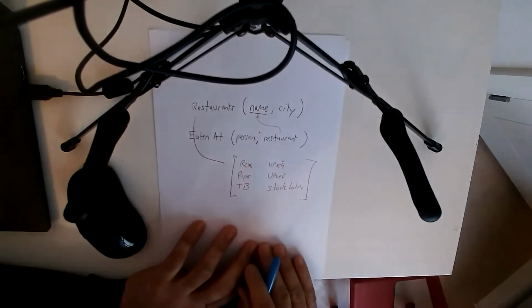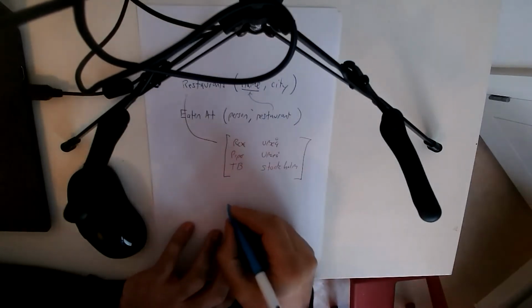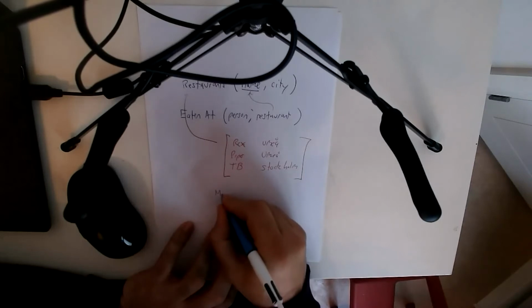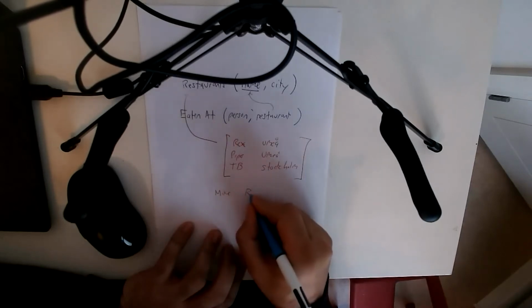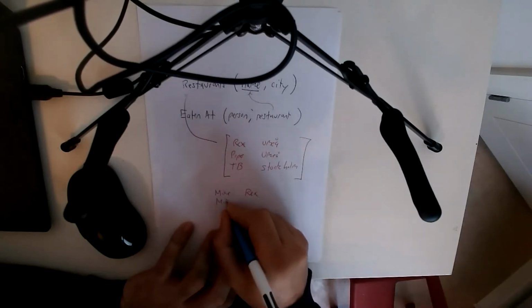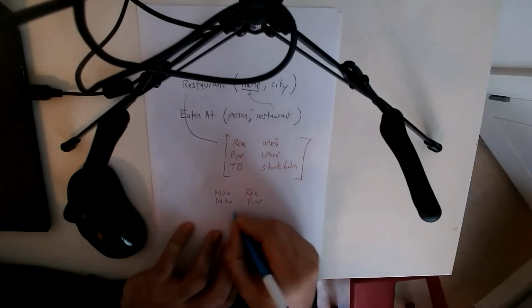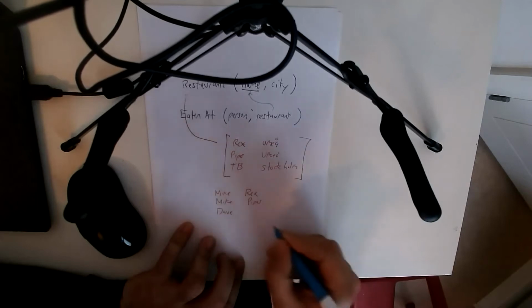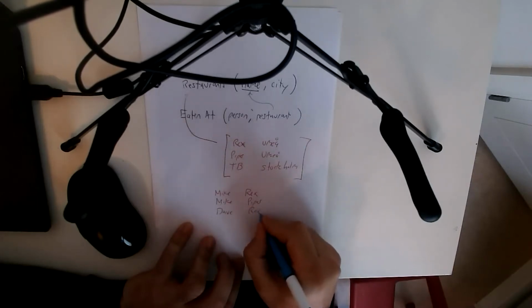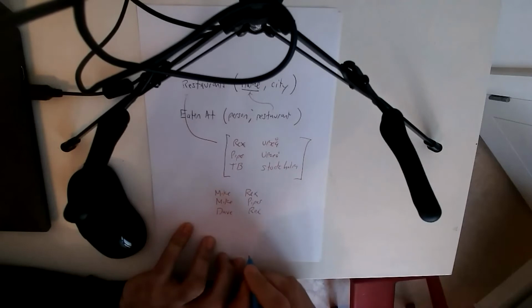Then for eaten at, let's say we have Mike, Rex; Mike, Pipes; Dave, Rex; and of course there could be more data here.